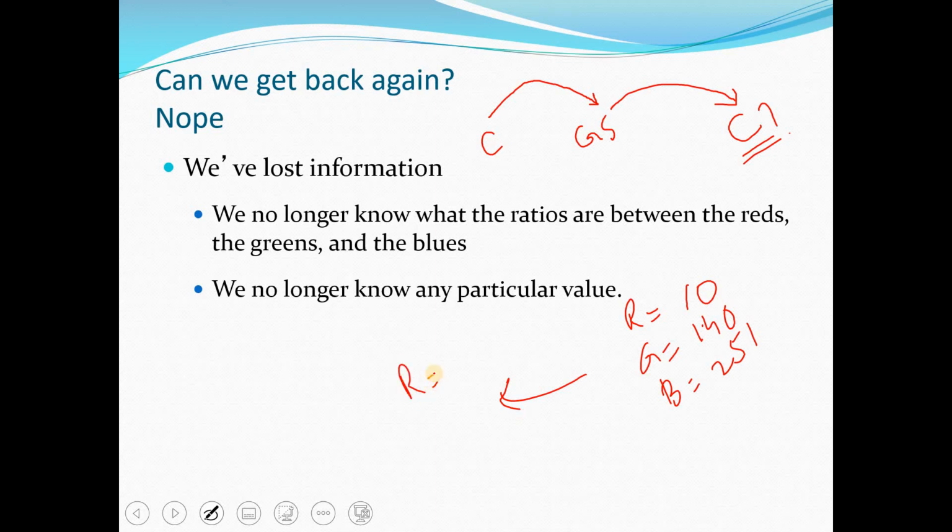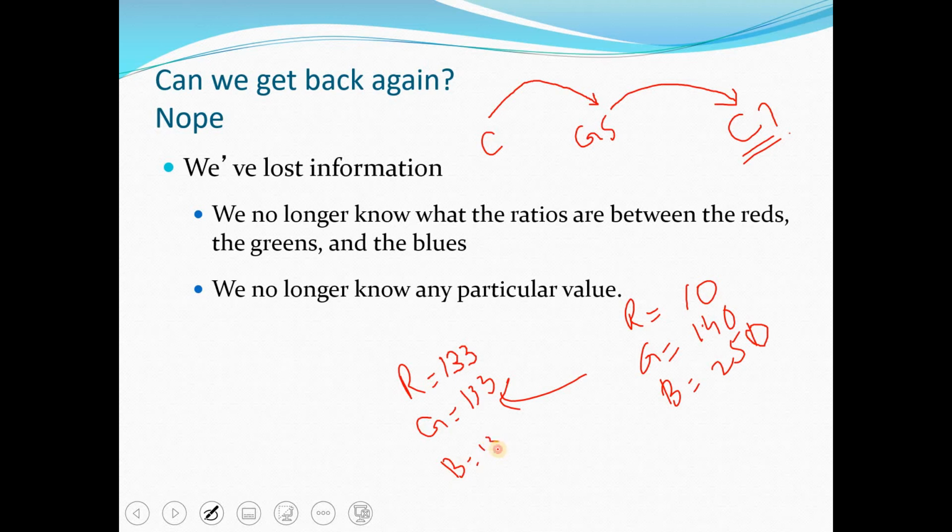Let's make it simple: 150, that's 300, 400. So 400 divided by 3, I think it will be 133. So the new value, the average for the three colors, will be 133 for all the three colors.